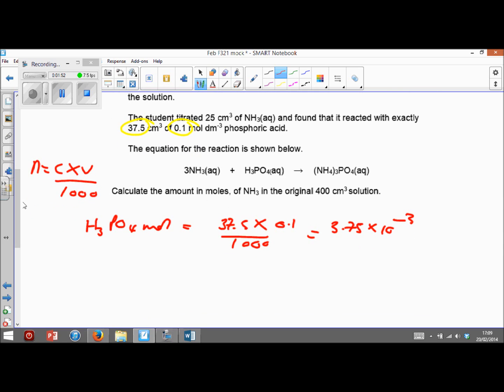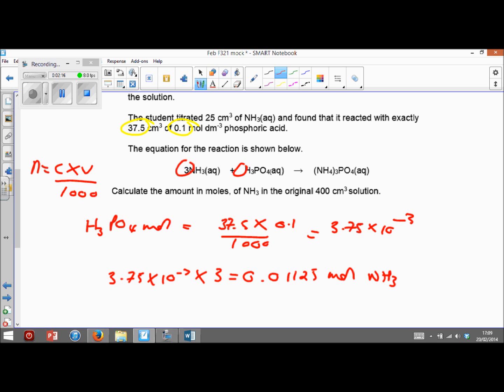And if you look at your molar ratio, it's all talking about ammonia now. If you look here, you've got 1 and 3. So you need to times this answer by 3, which gives you 0.01125 mole of ammonia.